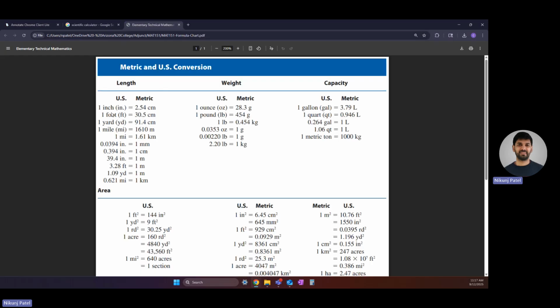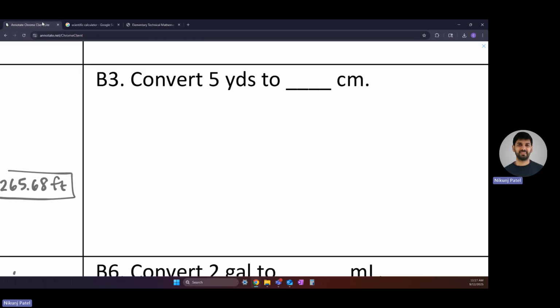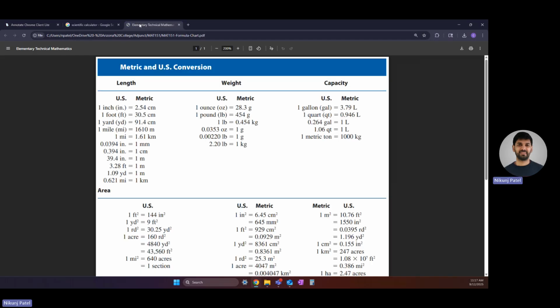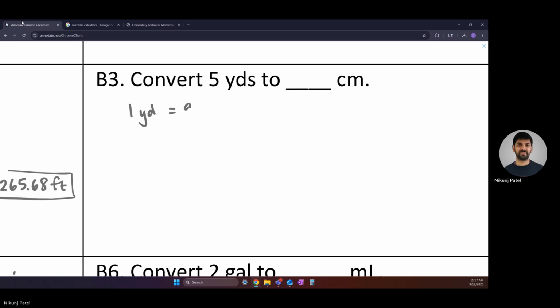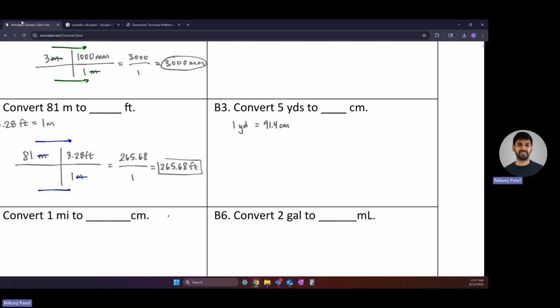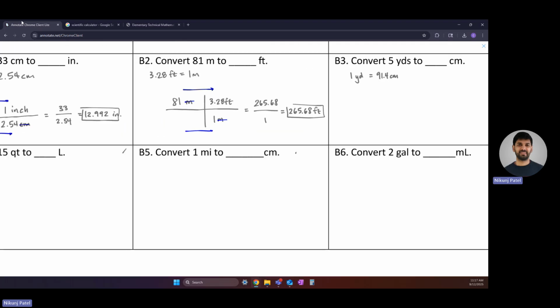So on this example, we want to find the yard to centimeter conversion, and there it is. 1 yard is equal to 91.4 centimeters. So I'll just leave you with this on this example. See if you can set up your chart and convert 5 yards. You can check your key after you've finished that problem.